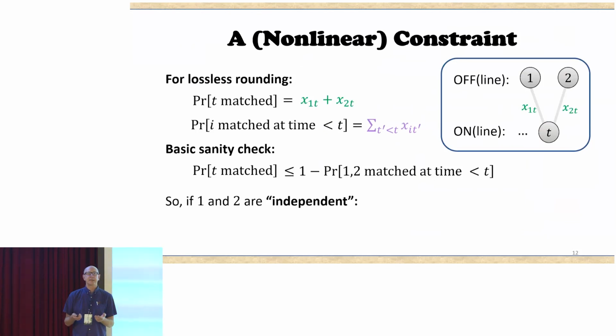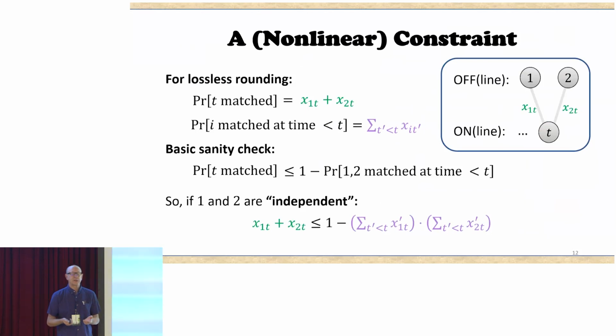If the events that 1 and 2 are matched are independent, then we get the following constraint: x1t plus x2t cannot be more than 1 minus the product of the probabilities that these two vertices, 1 and 2, were matched before t.